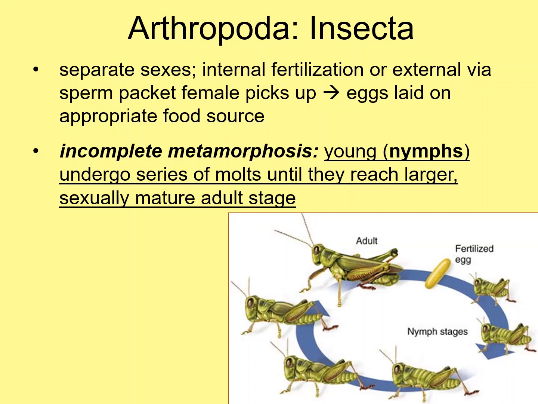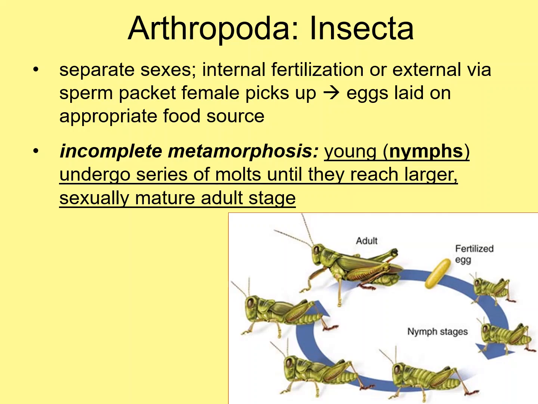Mostly they go through some changes in the last stage where they reach sexual maturity. But remember, these guys have to molt their exoskeleton every time in order to get bigger, right?